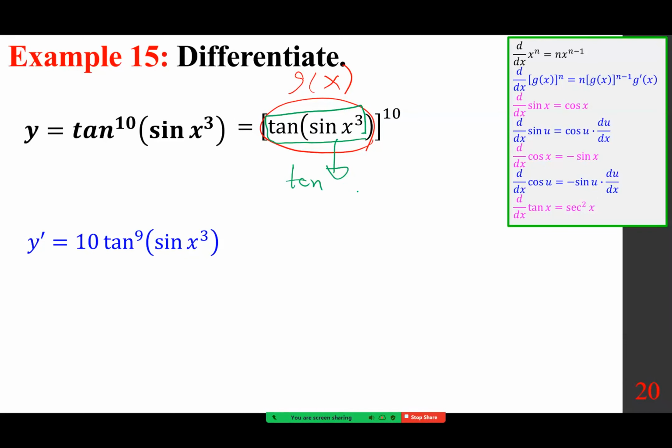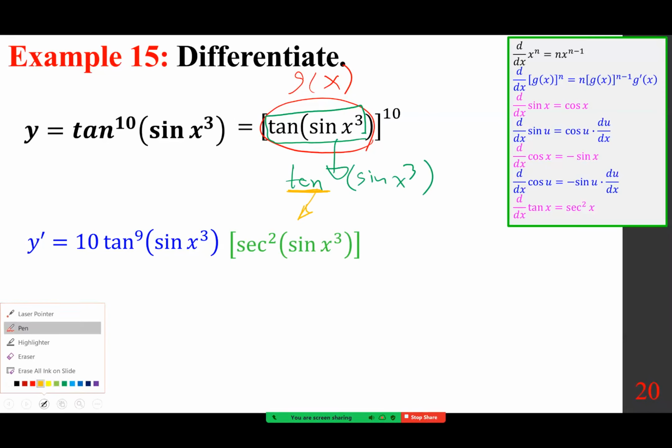So I want to take the derivative of this one, right? So again, I'm going to read tangent. So the answer is secant squared. So this gives me secant squared. And then sine gives me cosine of x cubed.